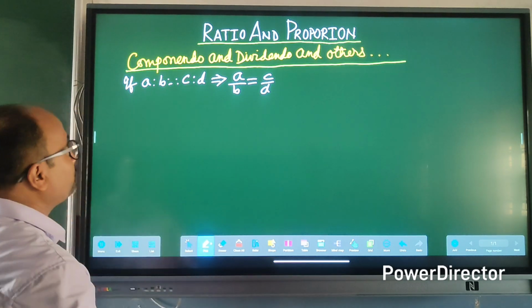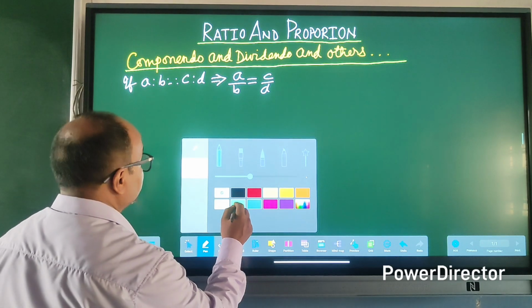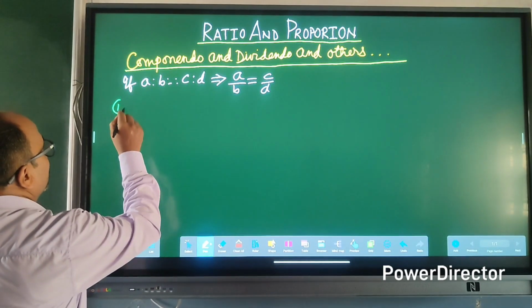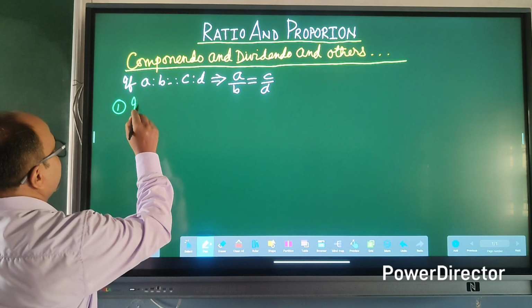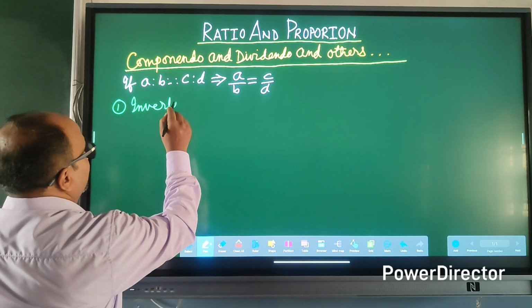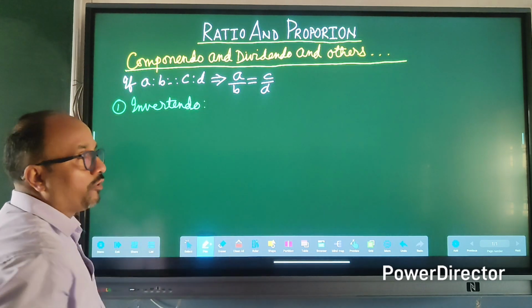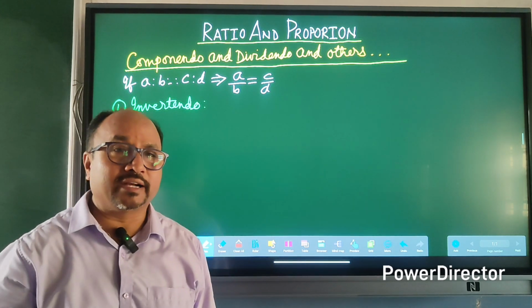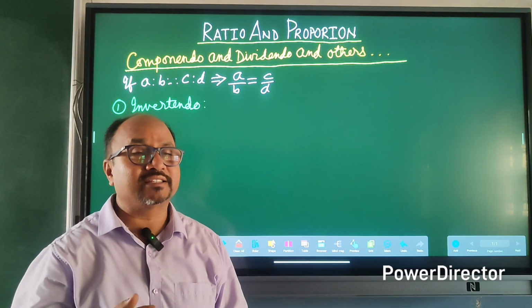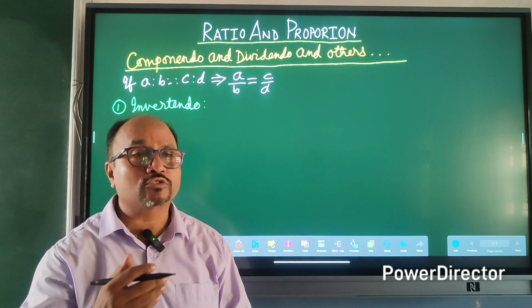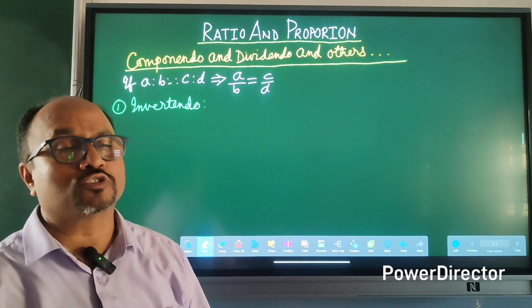So starting with the first one, which we call invertendo. Now in invertendo, what happens? Invert suggests that the numerator goes to the denominator and the denominator comes to the numerator.